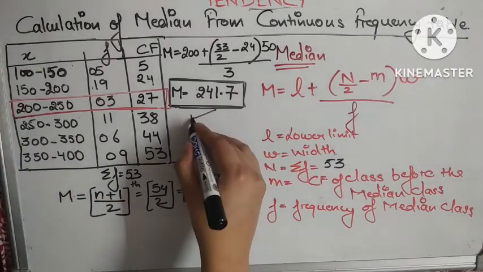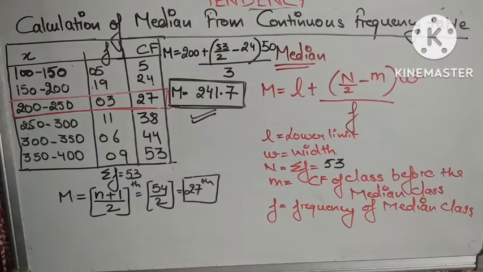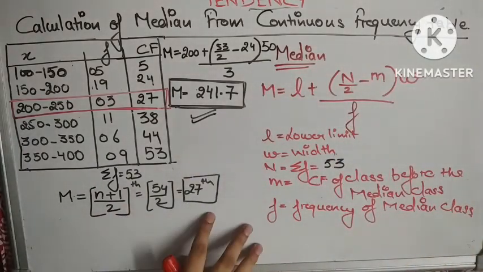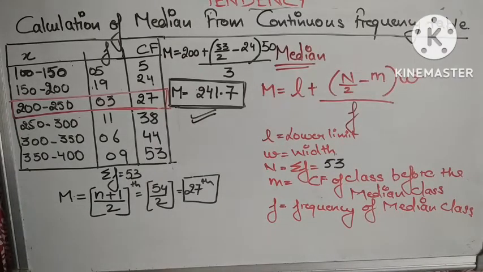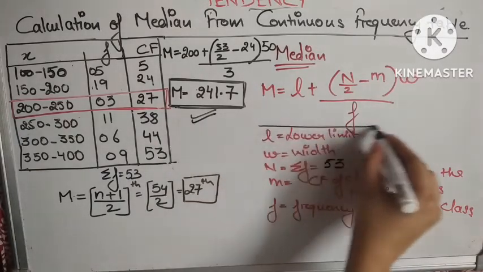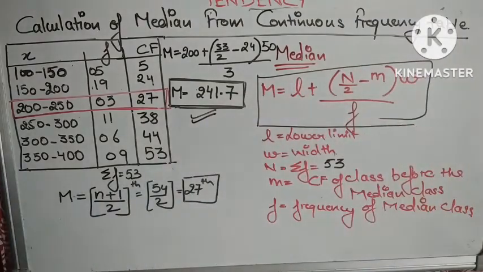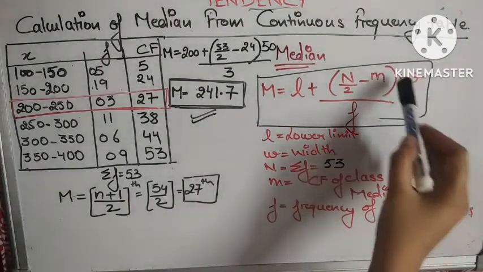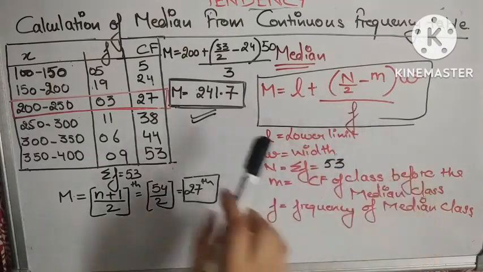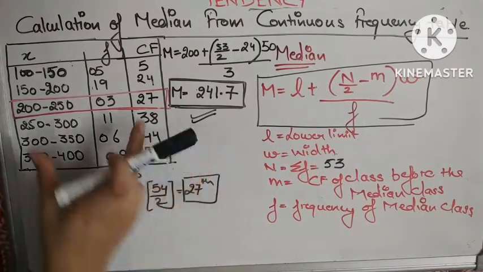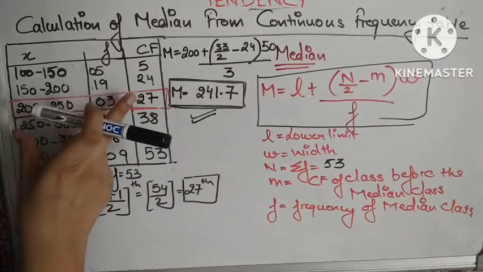So this way you will find the median of the continuous frequency table. Let me just repeat. You should remember this formula: M is equal to L plus (n by 2 minus m) into width upon frequency. So first you will find out which class interval you have to consider.